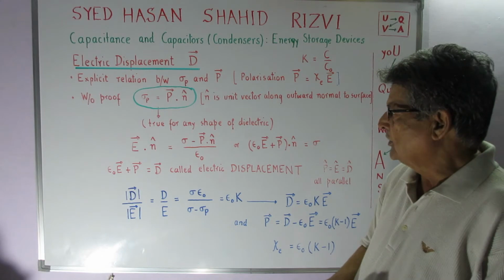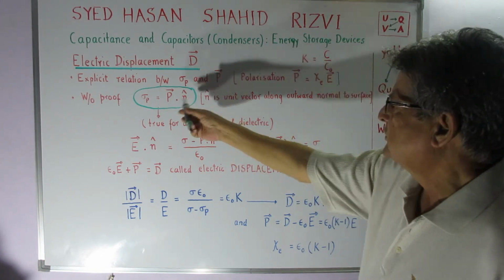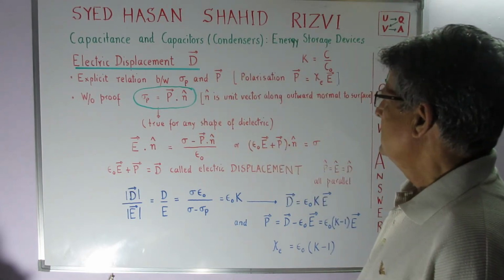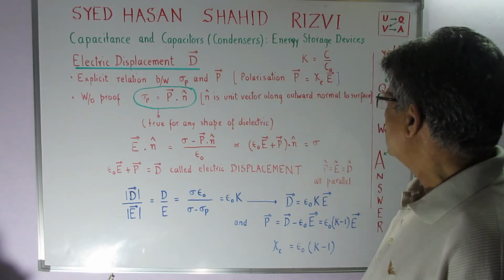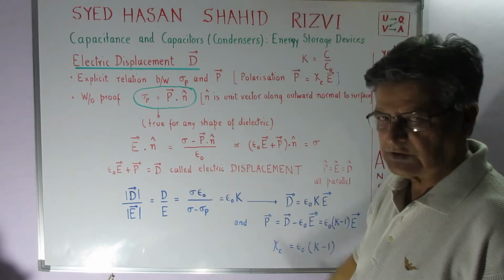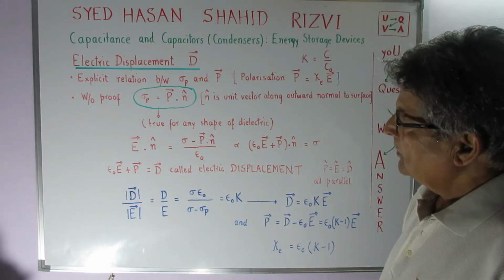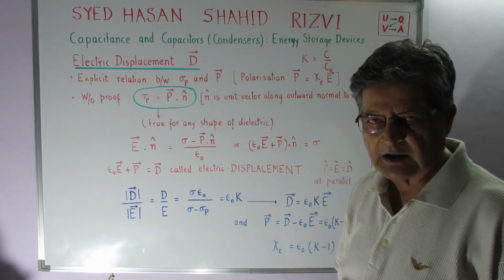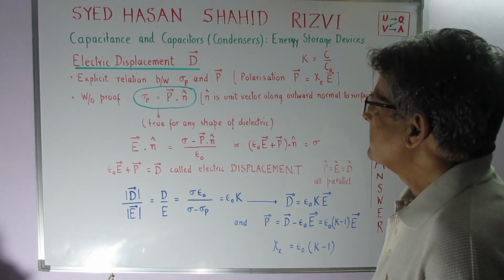So we are not in a position to give you the proof, and just see that sigma P is because of the polarization, and n cap is the unit vector along the outward normal to the surface, any surface for that matter. So this relation is true for any shape, any size of the dielectric that is inserted inside the capacitor.